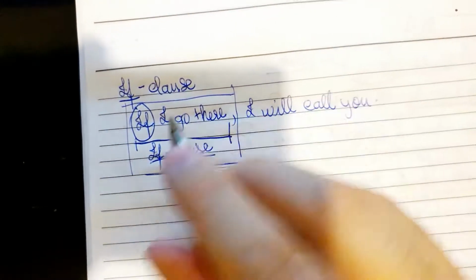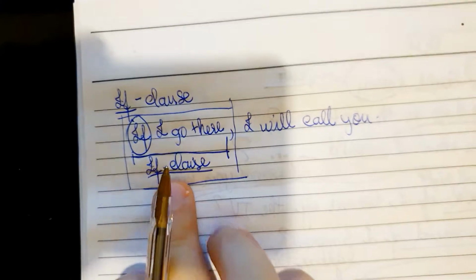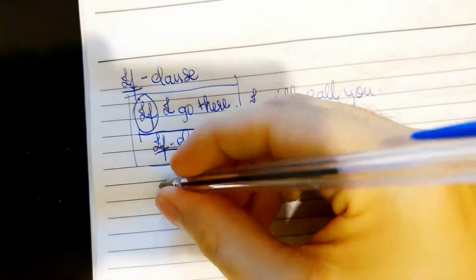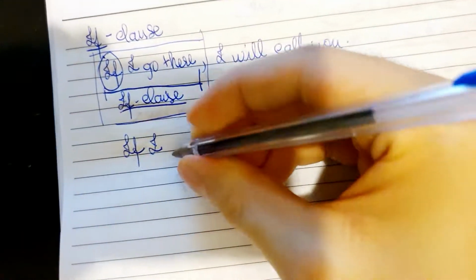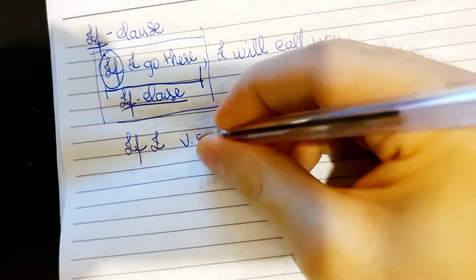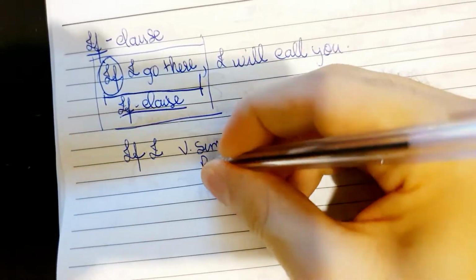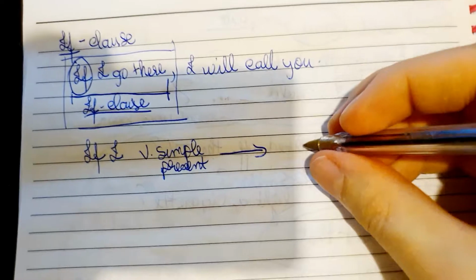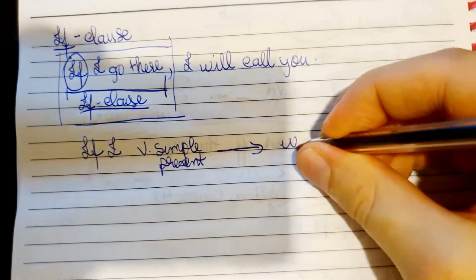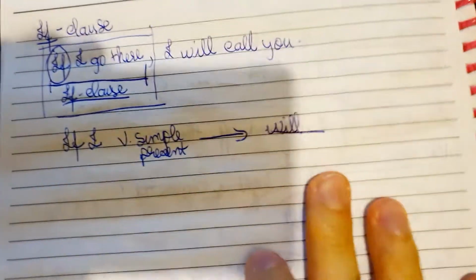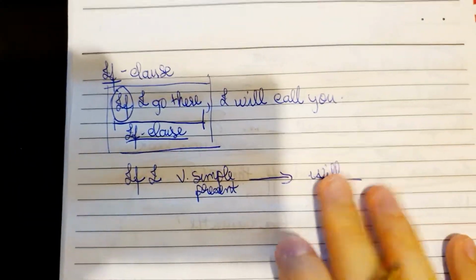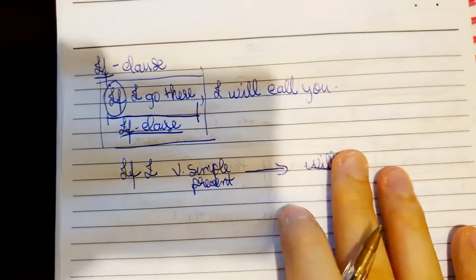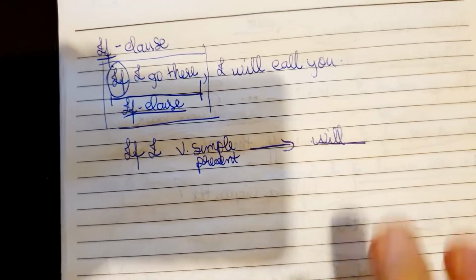Okay, so pay attention. If I use if, what is the verb tense that comes in the if clause? If I say, if I, and the verb in the simple present, or present simple, whatever, the next sentence will be using will. Yes, there are other possibilities, but I'm expressing just this part. I'm simplifying, okay?